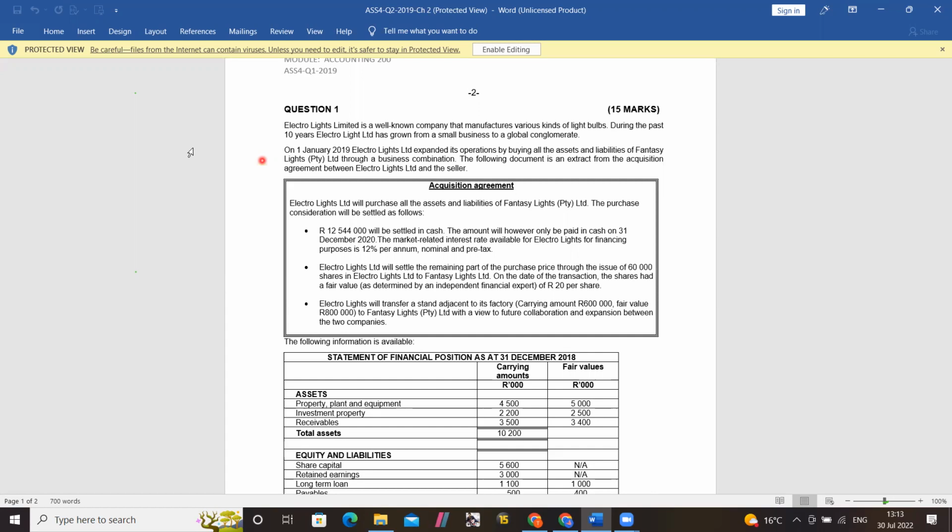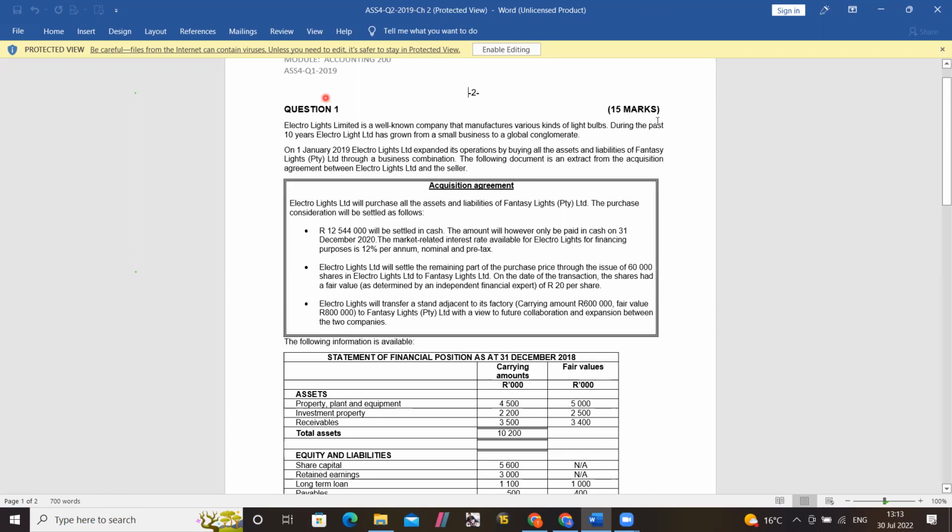So do you see that 1 January 2019 is a date, right? And that date is significant. Why? Because it's the date of acquisition, where they actually acquired Fantasy. And how did they acquire Fantasy? Via assets and liabilities.